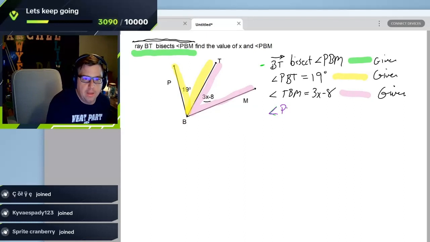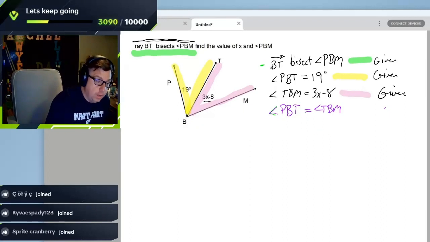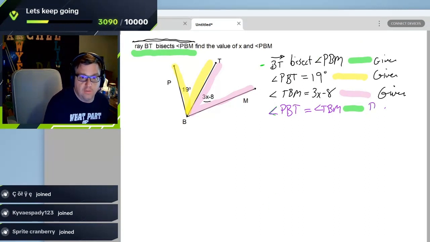Anyway, so angle PBT equals angle TBM. And I like this. And that is not given information. How did we know to do that? We know to do that because we're connecting it to the definition of what an angle bisector really is.